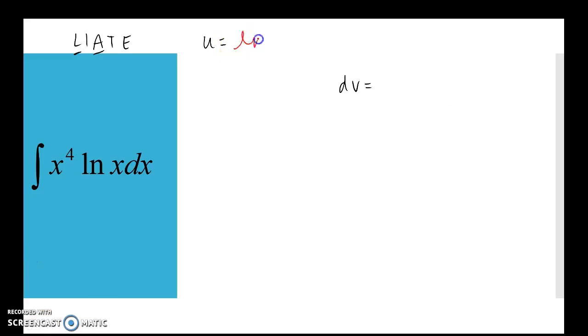So natural log of x, which makes du 1 over x. dv, therefore, will be x to the fourth dx, and that antiderivative is x to the fifth over 5. Again, you do not need the plus c when you're finding the value of v.